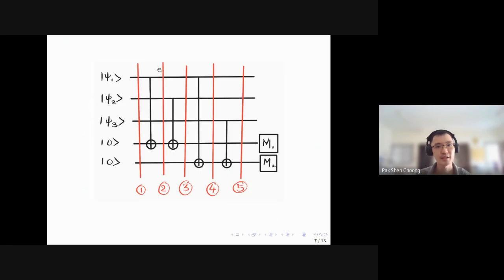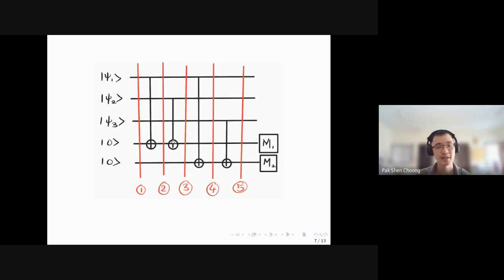And then the second step, you try to C naught to what we call the parity check qubit one, and then you C naught the second encoder qubit to this parity check qubit as well. So what this does is you try to compare the first qubit and the second qubit.